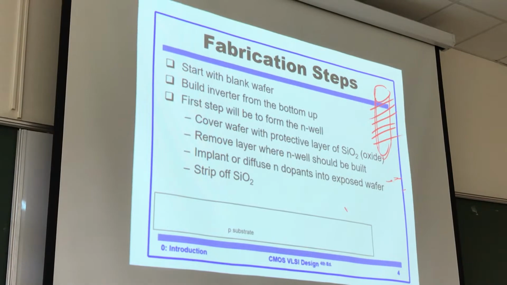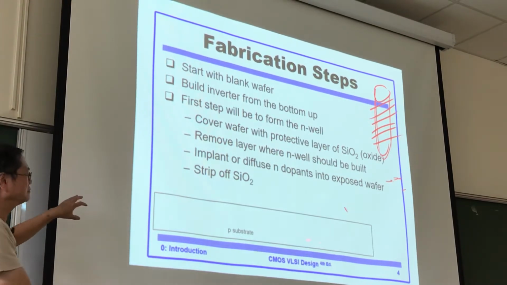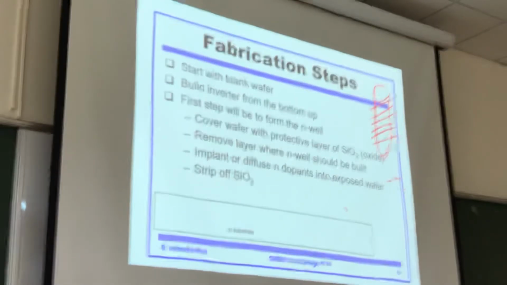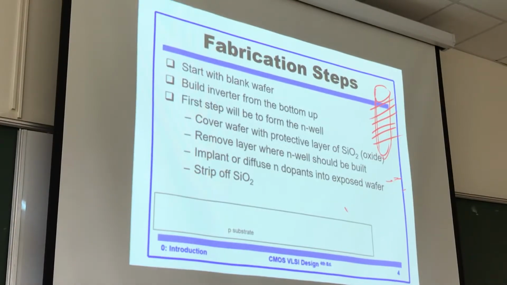The first step would be to form the n-well, in your silicon p substrate. How are you going to build the n-well? First of all, we cover the wafer with a protective layer of SiO2. SiO2 is an oxide, which is going to be an insulator.